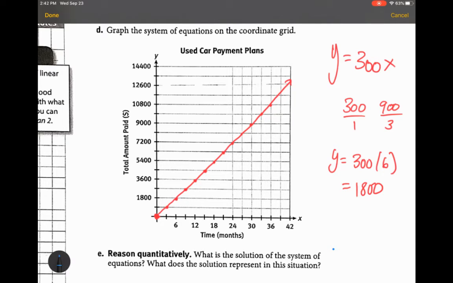Okay, the other one was 200x plus 3,600, right? Okay, so here we have a y-intercept of 3,600.